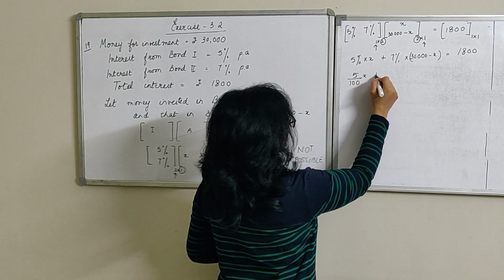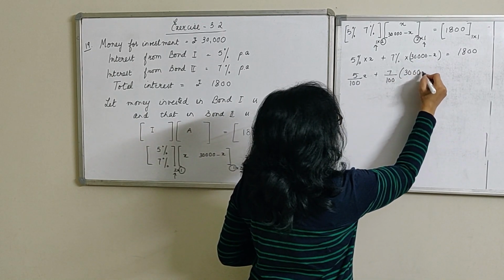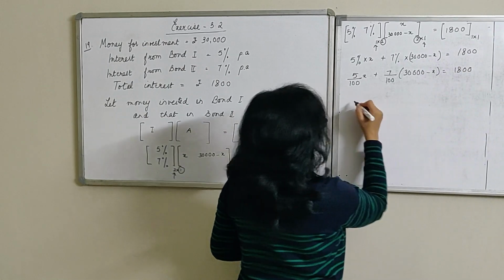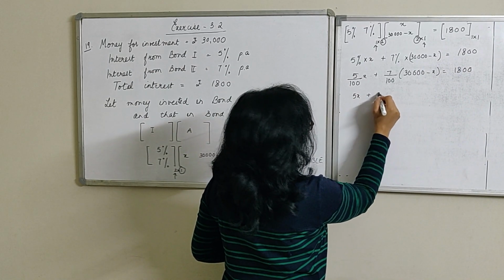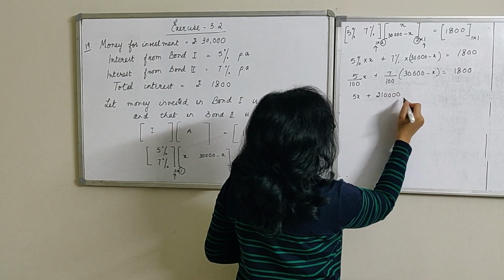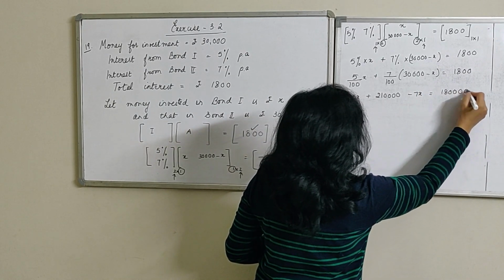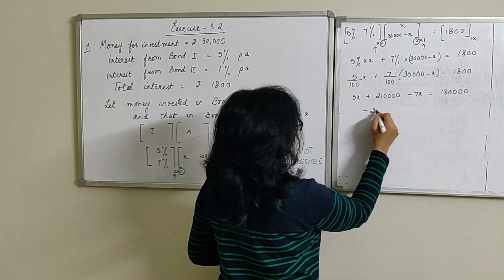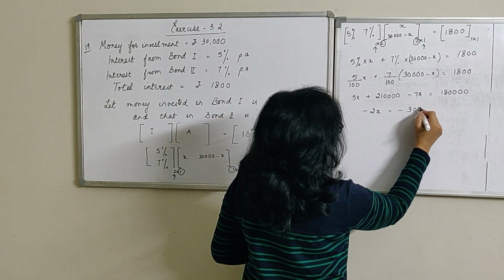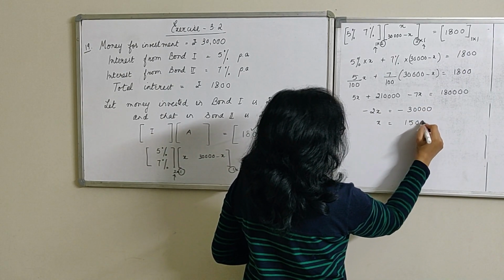Simplifying the equation further, we get 5x plus 21 followed by 4 zeros minus 7x is this into 2 zeros. Simplifying further, minus 2x is minus 30,000. So x is 15,000.